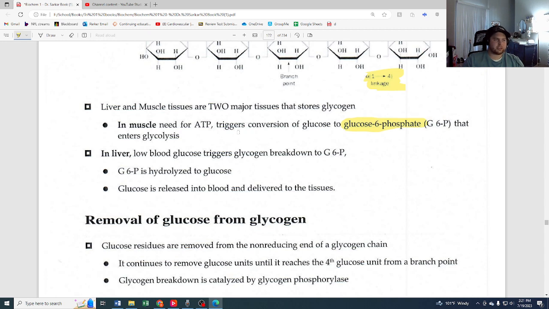So in muscle, when we need ATP, we break down the glycogen to get glucose 6-phosphate, and then it enters glycolysis. In the liver, we break down the glycogen to G6P, and we remove that phosphate, and then it can leave the liver and go into the blood to be delivered to other tissues that need the energy.